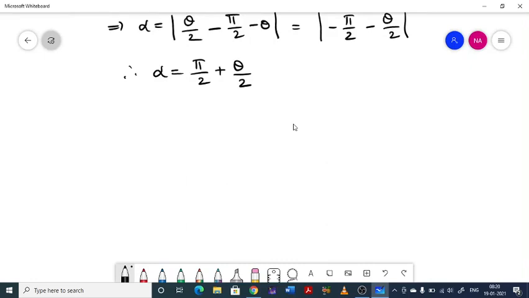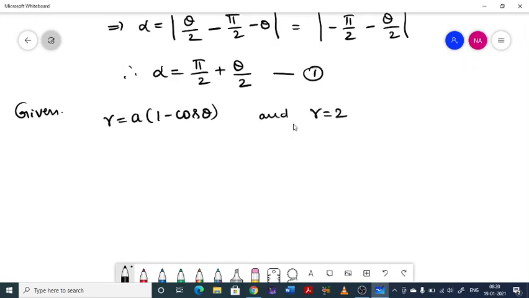Now again we need to eliminate theta in the given pair of equations to get the value. So call this equation 1. Given r equal to a times of 1 minus cos theta, and r equal to 2a cos theta.